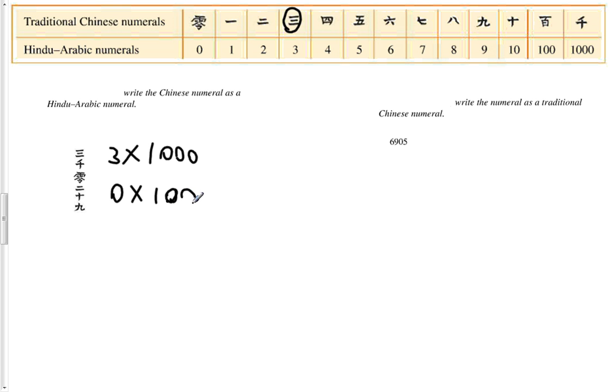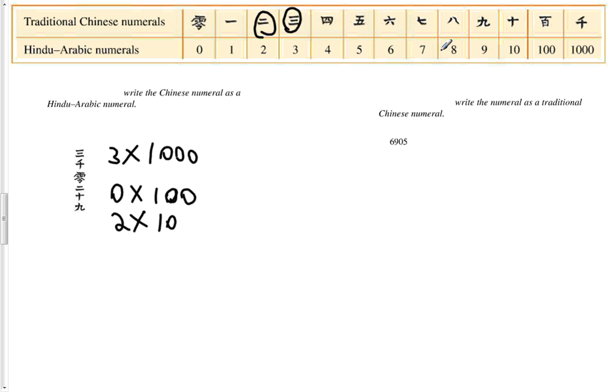Then I see the symbol that represents the number 2, and right below it the numeral that represents the number 10. So I have 2 multiplied by 10 here.